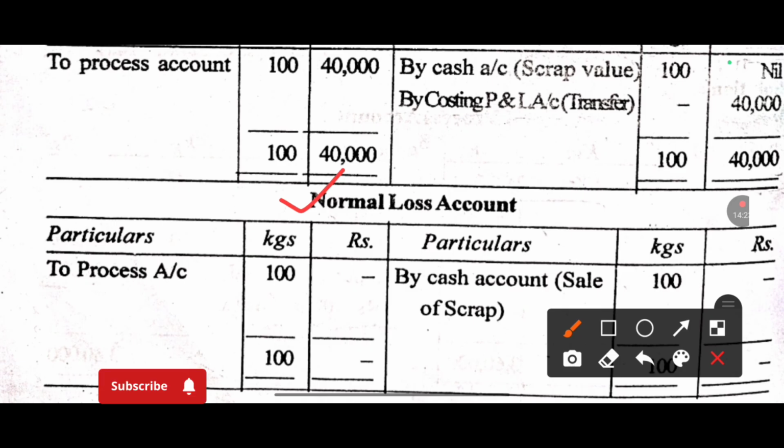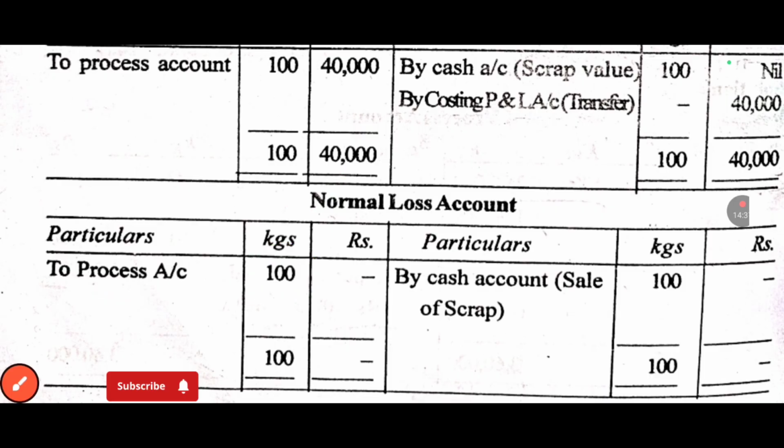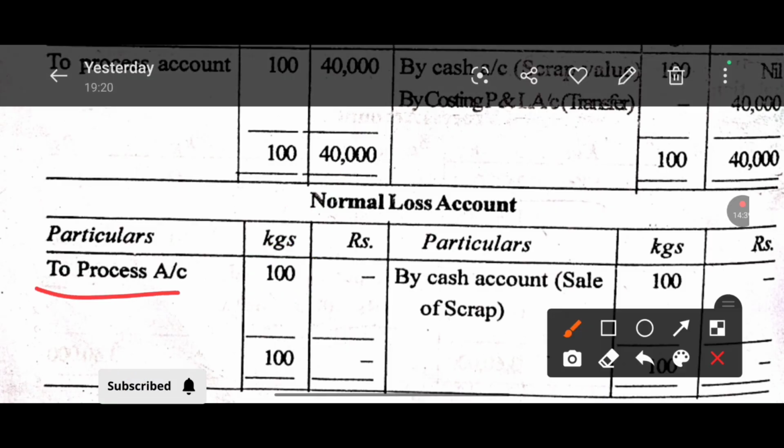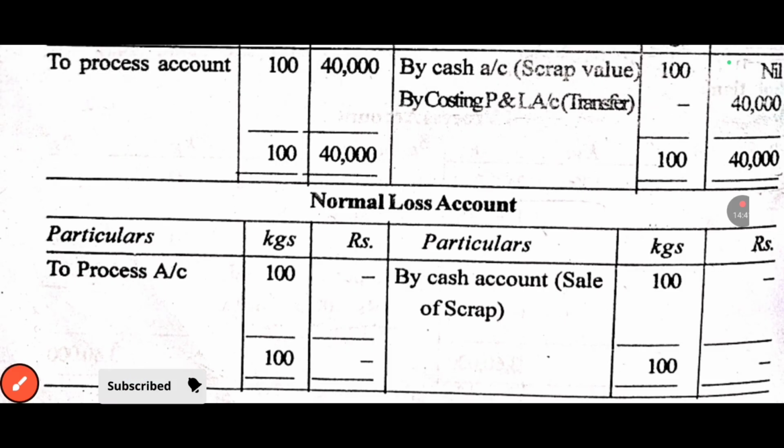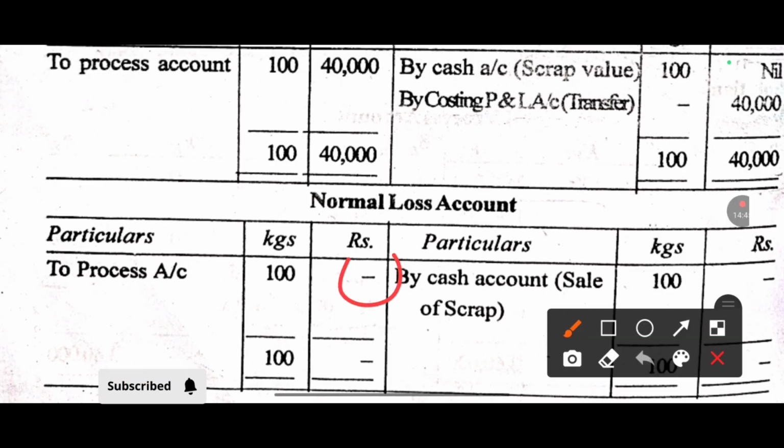So the normal loss of 100 kilos from the creditor side of the process account is entered on the debtor side of the normal loss account. Against this you write 'to process account', because it is taken from the process account. 100 kilos entered.